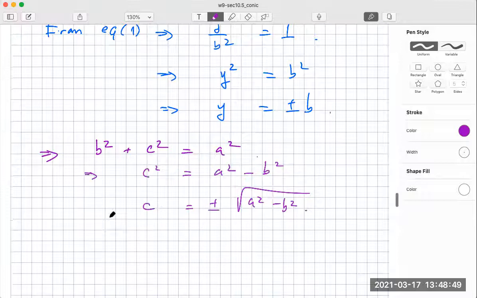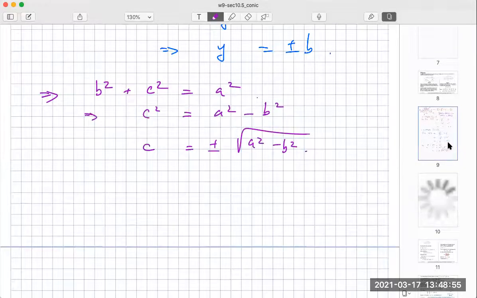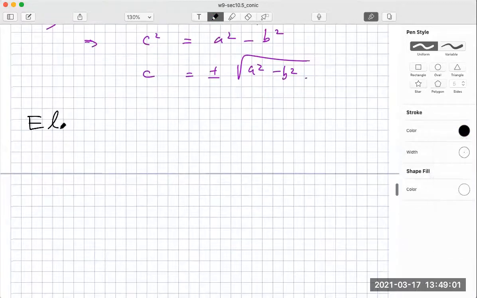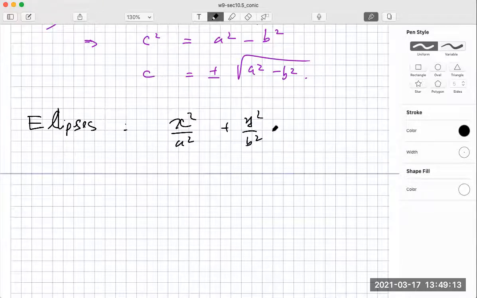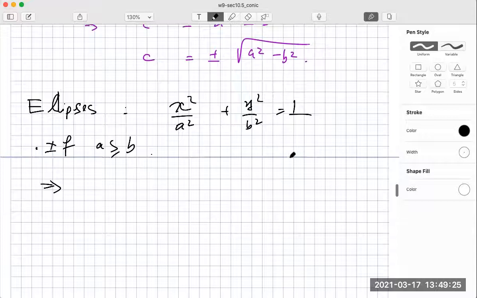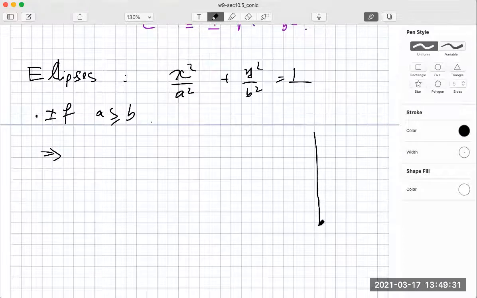We have that the foci will be, so in summary, if we talk about an ellipse having the equation x squared over a squared plus y squared over b squared is equal to 1, and we assume that a is larger than b, then we have the relation that, if a is larger than b, this ellipse will be like this.